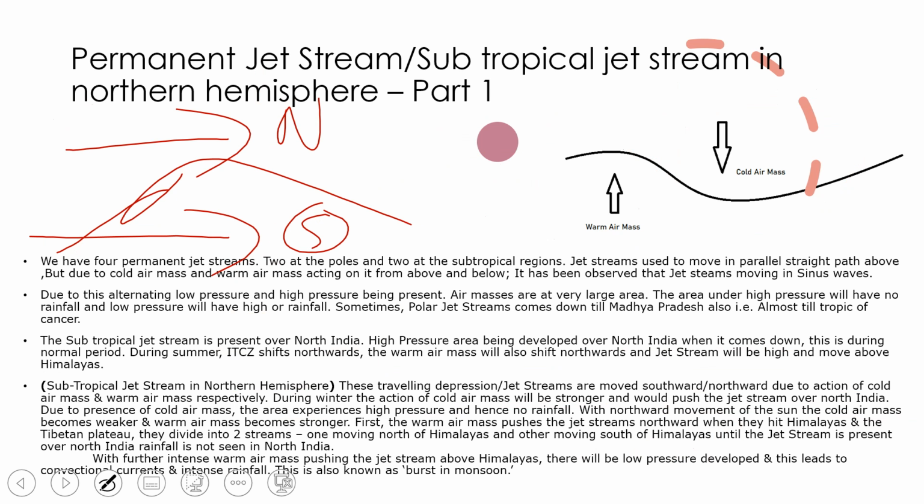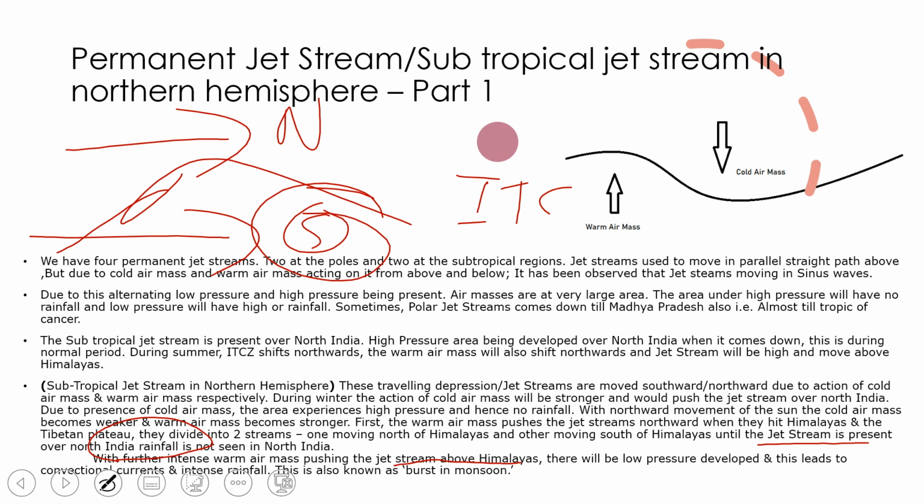So one will come to the south of the Himalayas, and until the jet stream is present over North India, rainfall will not be seen. When the ITC jet arrives, suddenly this jet stream will disappear and you will get the burst of monsoon, with the further intense warm air mass pushing the jet stream over the Himalayas. Now summer is coming, the sun is moving northward, and the ITC jet is coming here.